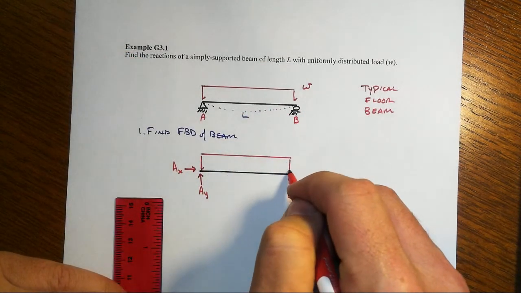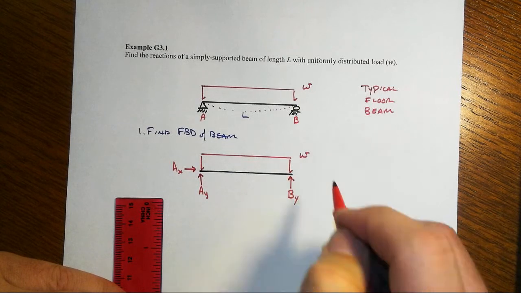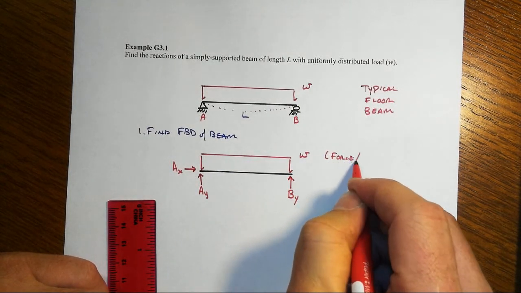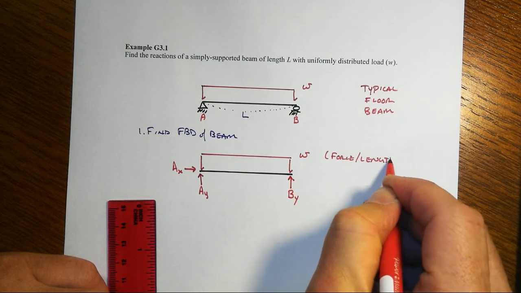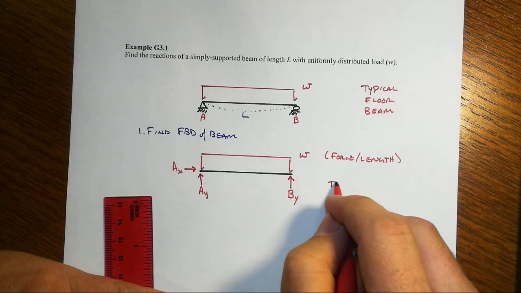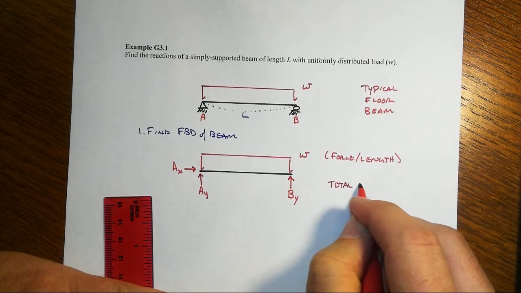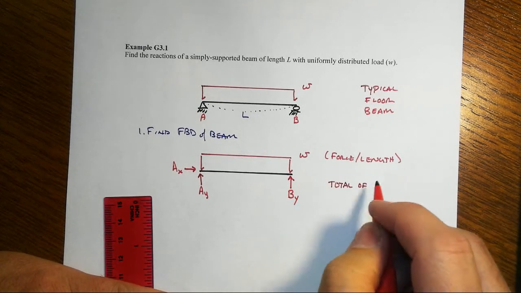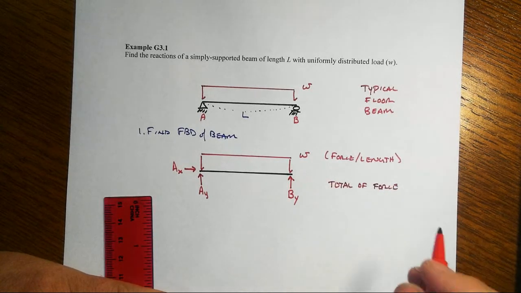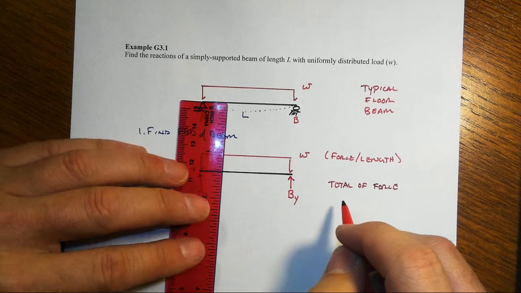Alright, we have this gravity load that has intensity per length, right? Force per length along the beam. It's uniform. Hey, the total amount of force, if I have a constant, a uniform value, is, well, hey, I know, let's use calculus.